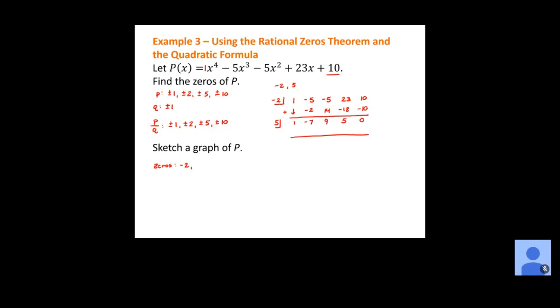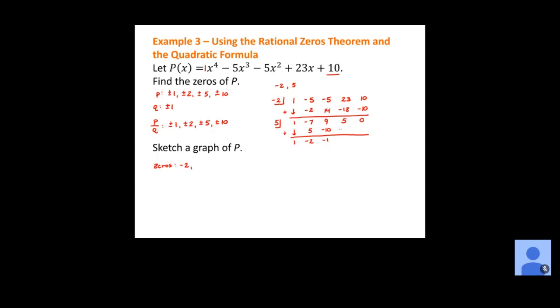All right, so my first step is still the same. I'm going to bring down the 1. Now we're going to multiply. 1 times 5 gives us 5. Now we're adding. -7 plus 5 is -2. Negative 2 times 5 is negative 10. 9 plus negative 10 is negative 1.